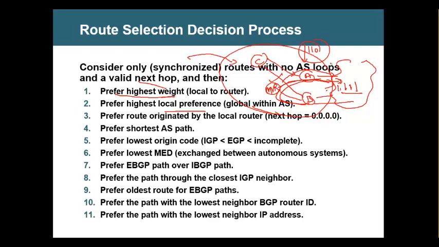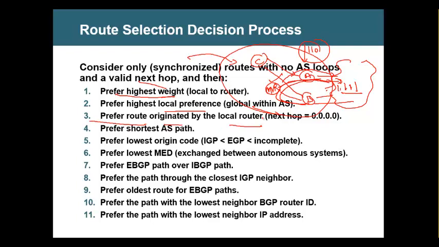Now, what if I don't set weight or local preference and I got a valid next hop? There is a tie. If there is a tie in the first three, only then it prefers the route originated by the local router.